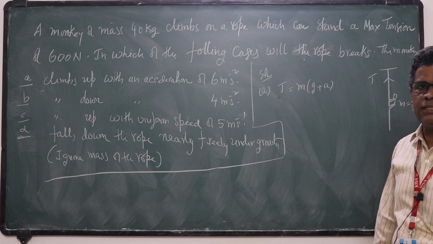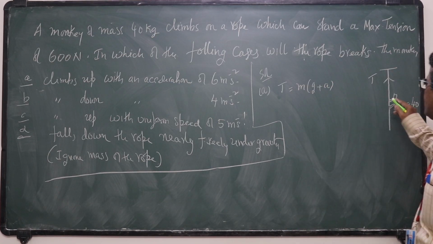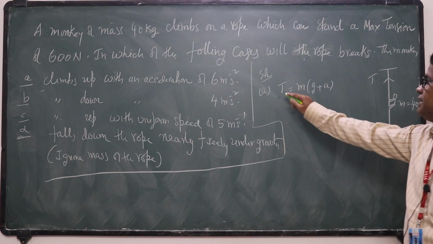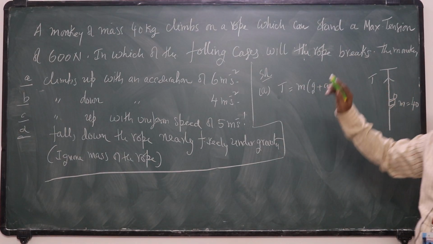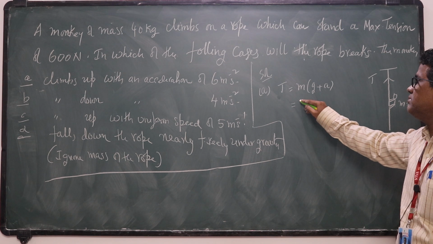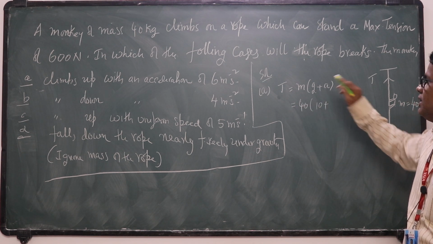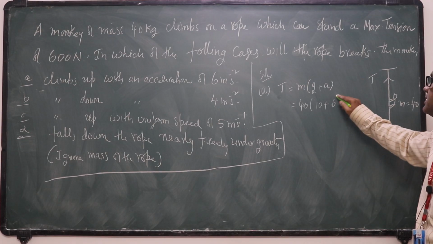As I discussed earlier, when the monkey climbs up with an acceleration a, tension in the string becomes m into (g plus a). So what is m? 40 kg. What is g? Let it be 10. What is a? 6.